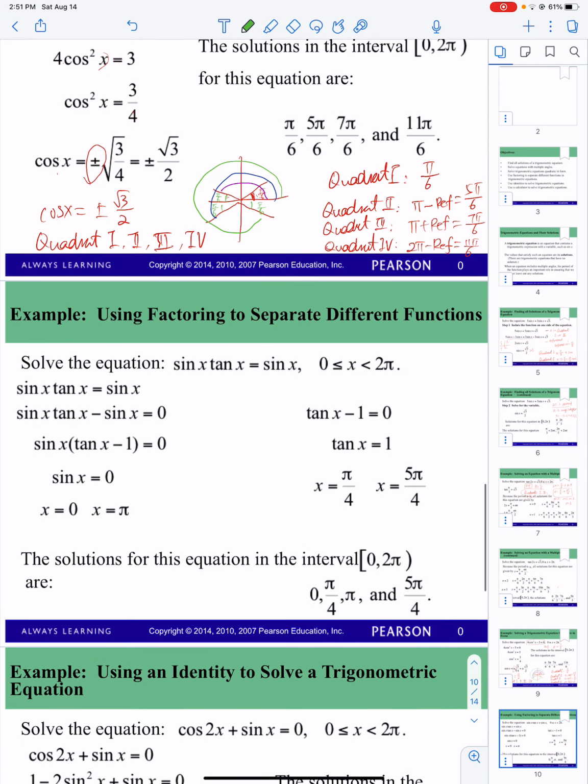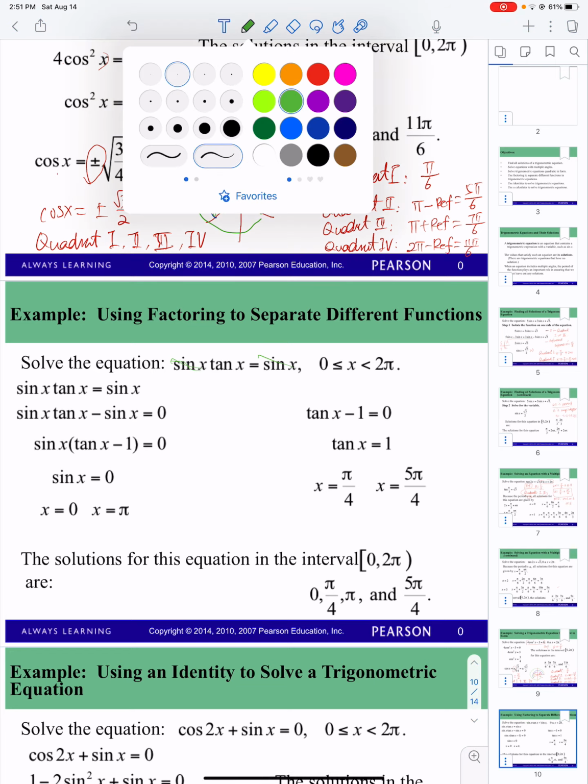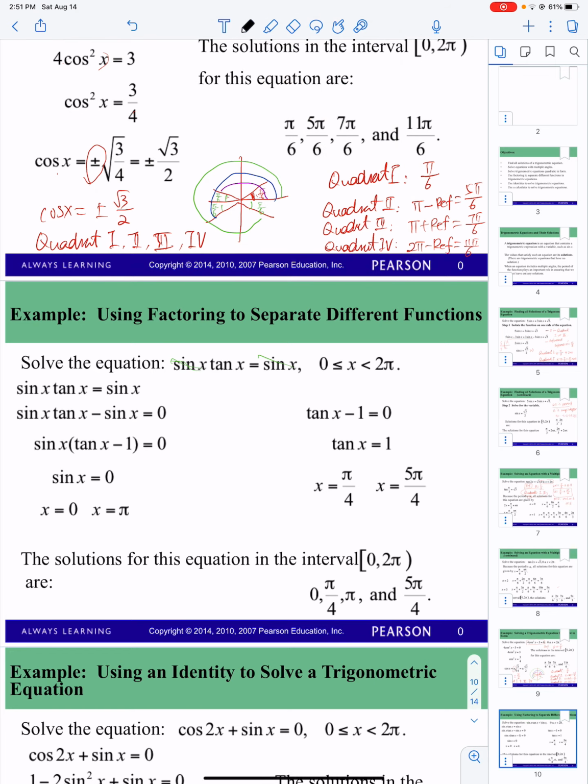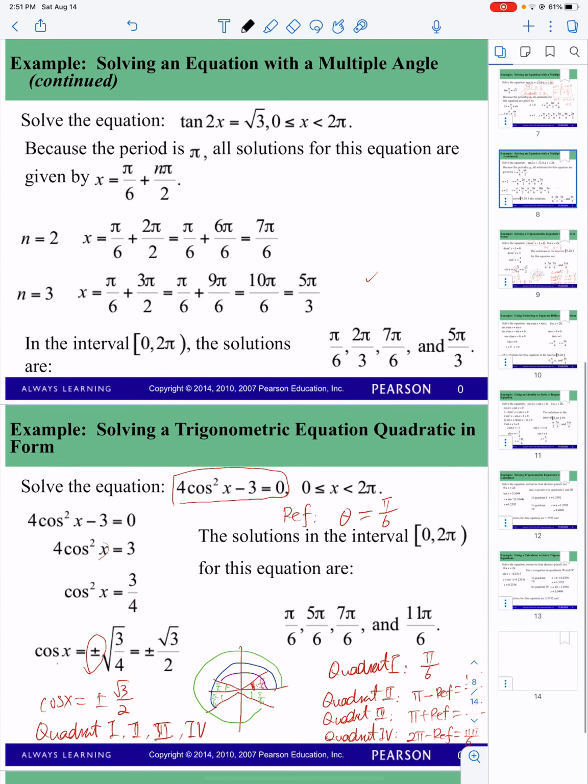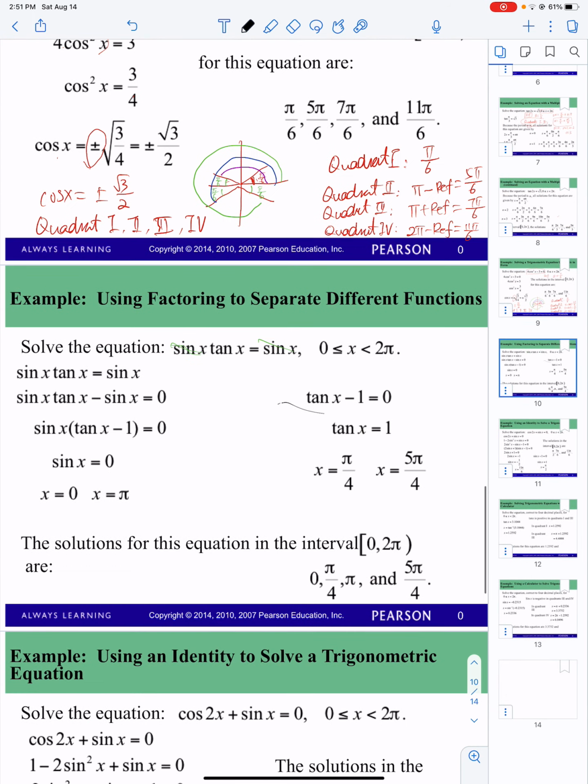Okay, so this equation: sine x times tangent x equals sine x. A lot of students will cancel the sine. Never do that when solving an equation. What should you do? Because you do not know whether sine x equals 0 or not, move it to the same side.